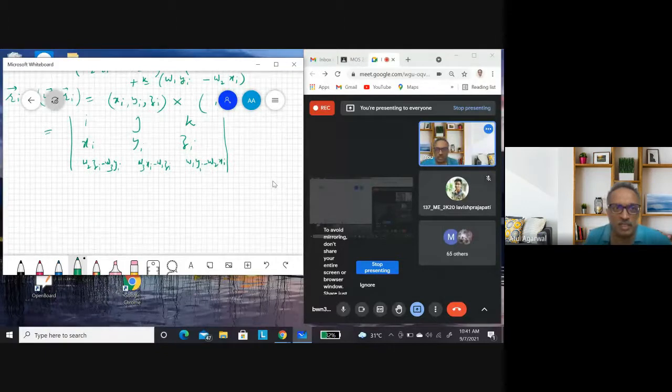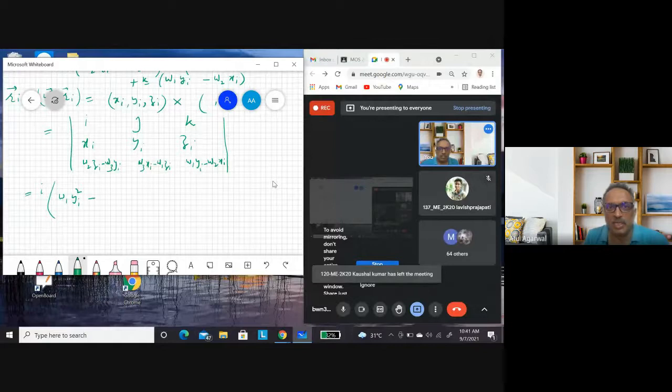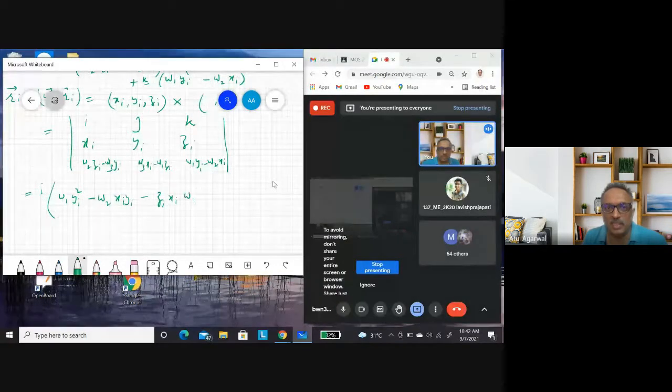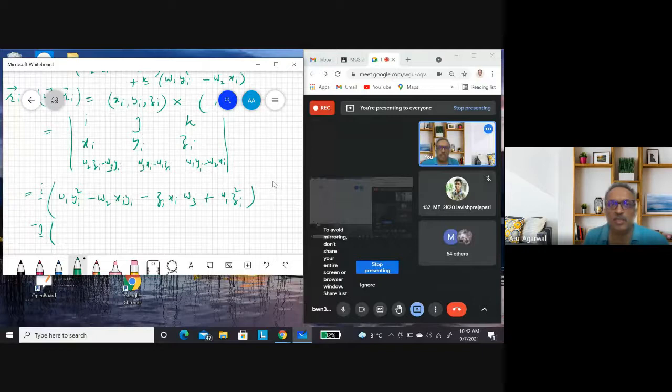So what do I get? This yi will multiply with this, omega 1 yi square minus omega 2 xi yi. Then this is minus z xi omega 3 plus omega 1 zi square. Then again you have minus j. You expand this.